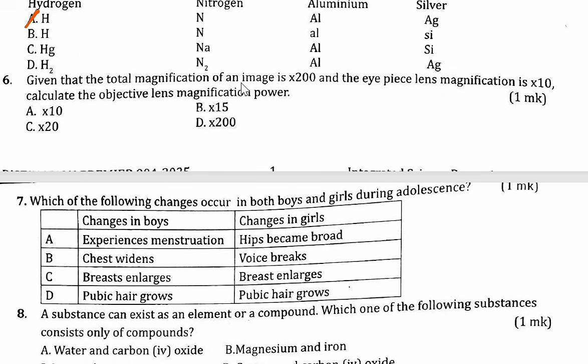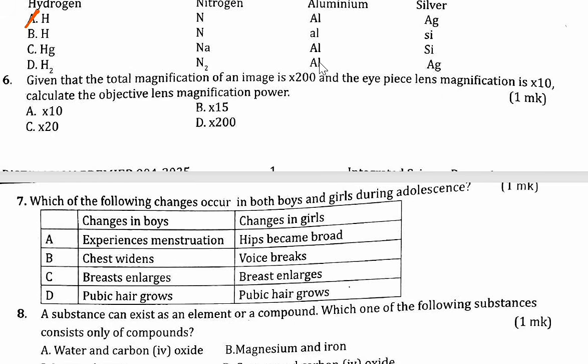Number 6, given that the total magnification of an image is times 200, and the eyepiece lens magnification is times 10, calculate the objective lens magnification power.